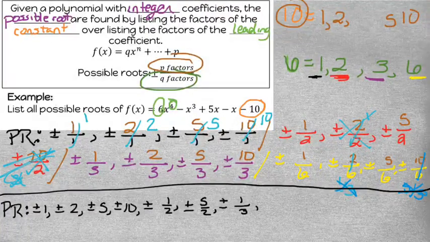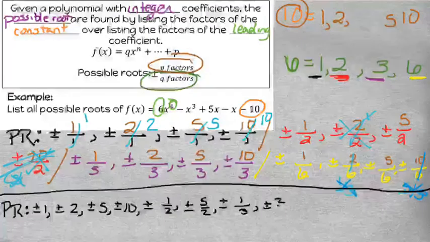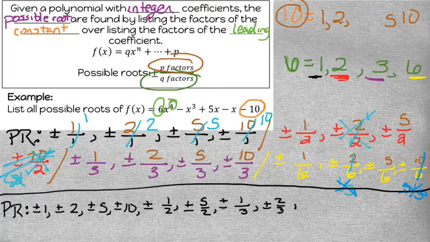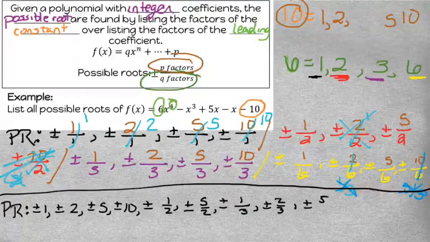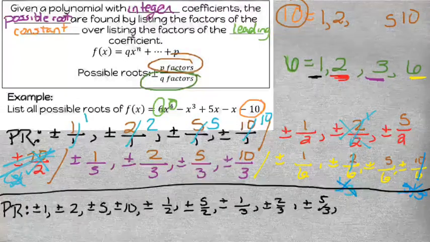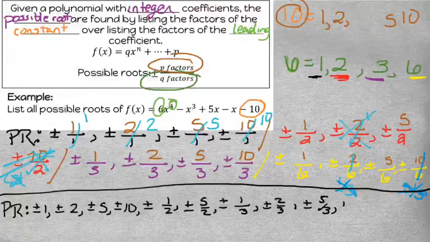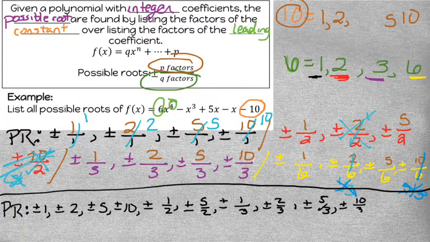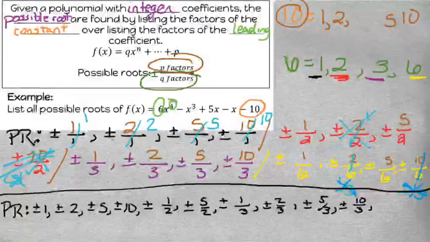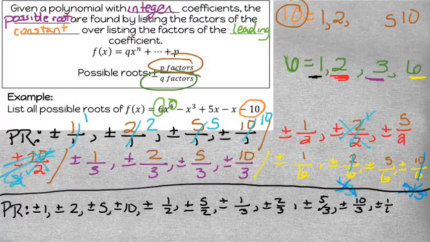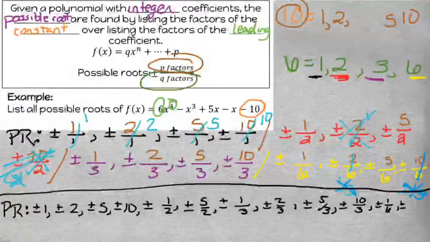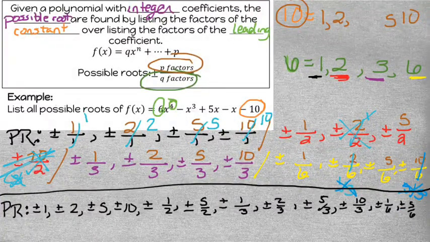So we have 1/3, 2/3, 5/3, and 10/3. Now we have our 6ths. We have the 1/6 and the 5/6. Let's put a plus or minus on that one. And so that's my list of possible rational roots.